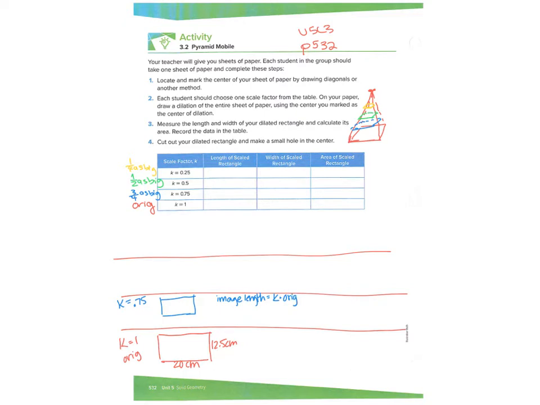So my new length would be 0.75, that's my scale factor, times 12.5, and 0.75 times 20. That's what I would multiply on my calculator to get my new measurements. And you'll see that you get 9.375, and you get 15 for the length.